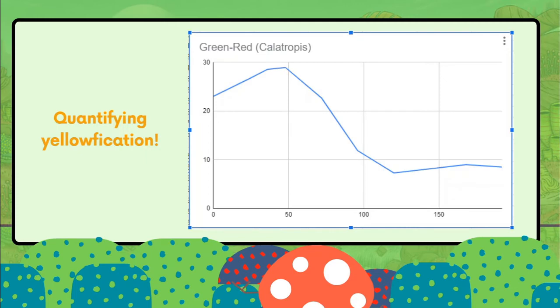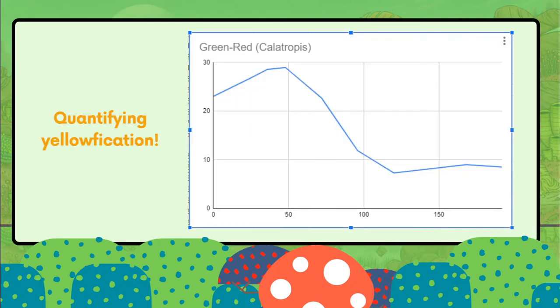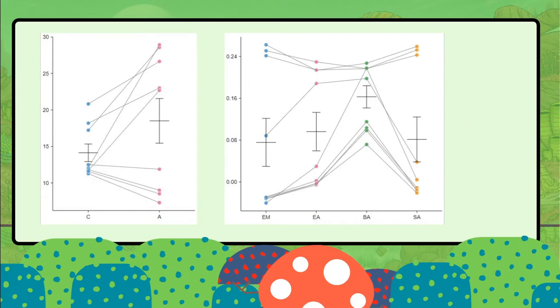Thank you, Mona Lisa. But now we went on to see if there was any species-specific difference in this parameter of yellowification, that is green minus red values, the normalized values that we got. And for that, we did statistical significance analysis of yellowification of different species.